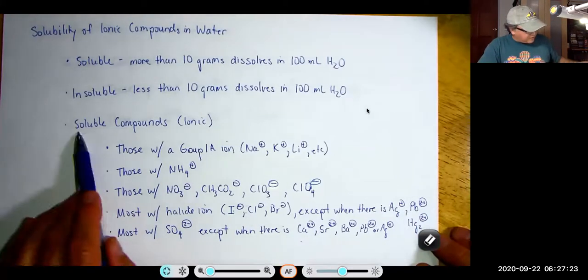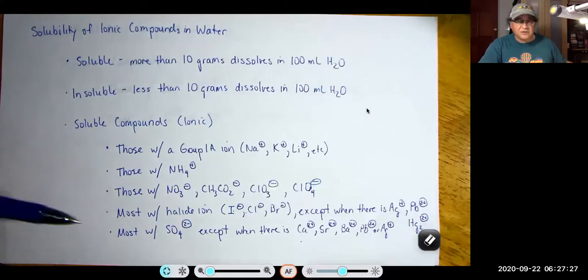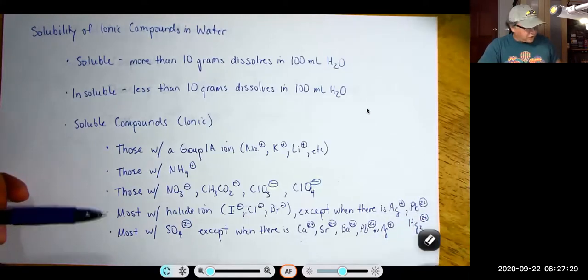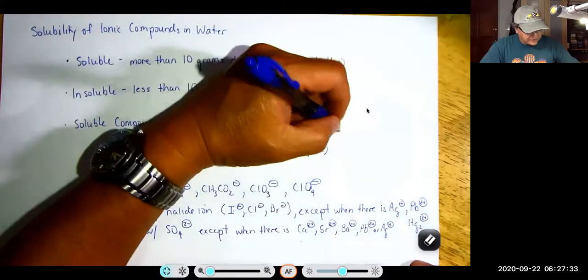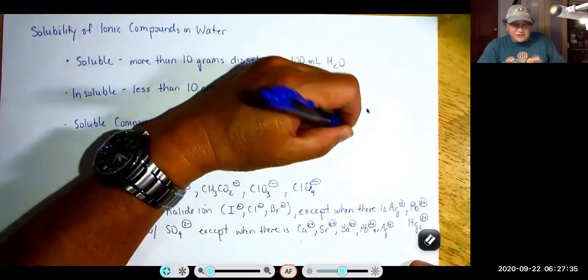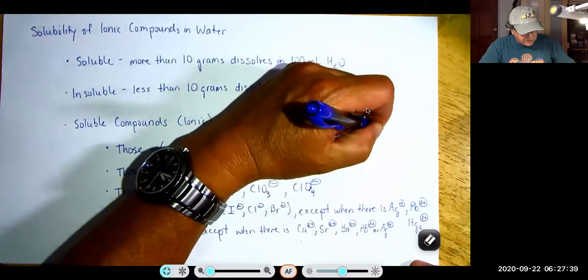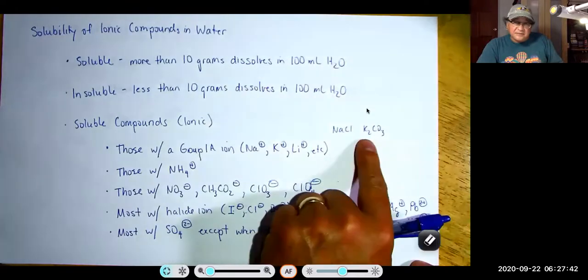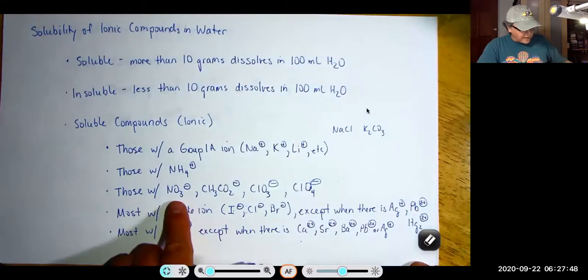So there are some guidelines for what types of ionic compounds will dissolve in water. Those with a group 1A ion. So this will dissolve because it has sodium in it. This will dissolve because it has potassium in it. Those with the ammonium ion. Those with the nitrate ion.